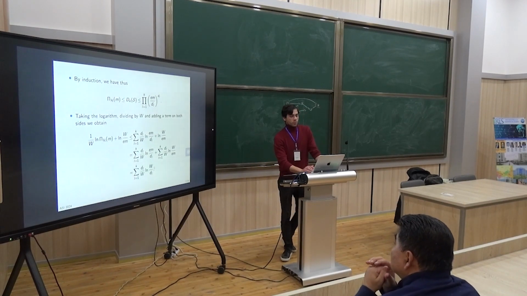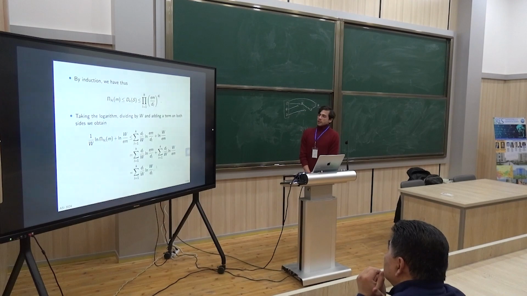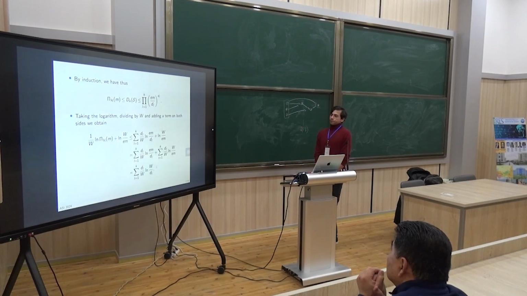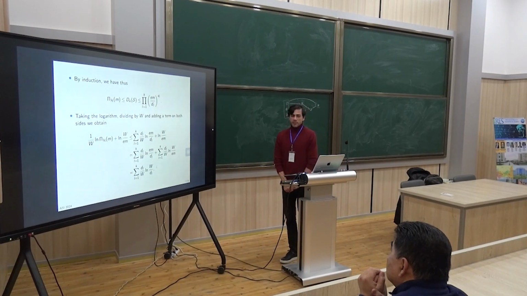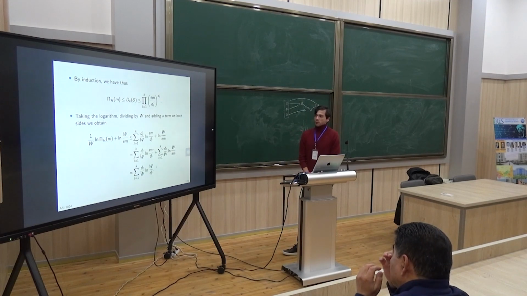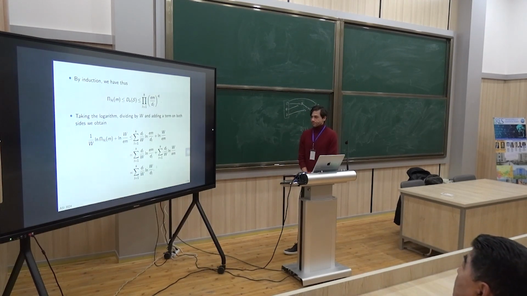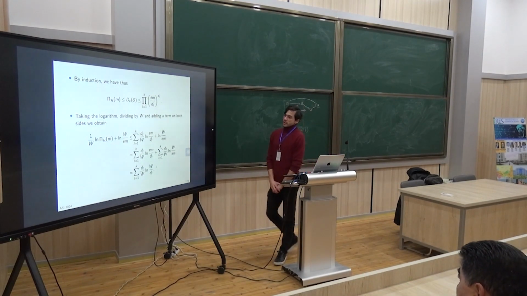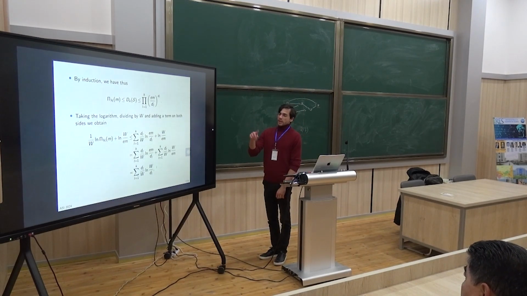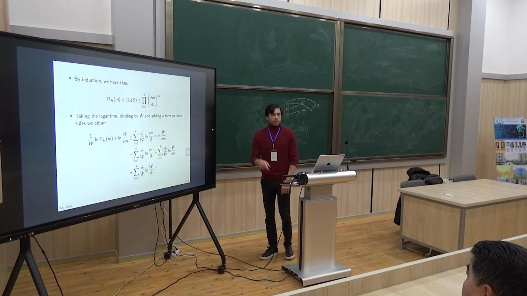So a discrete distribution would be the distribution with k elementary outcomes, each of them with probability dl divided by capital W, because capital W is the sum of all those dl's.